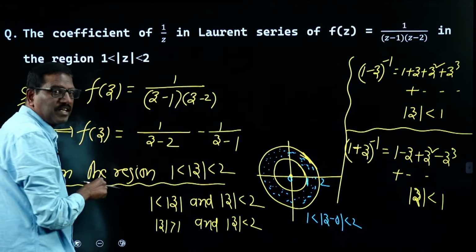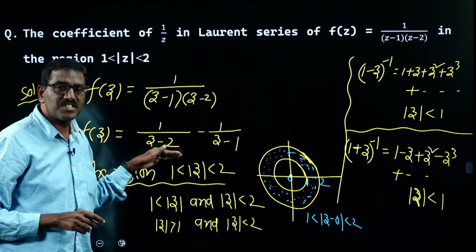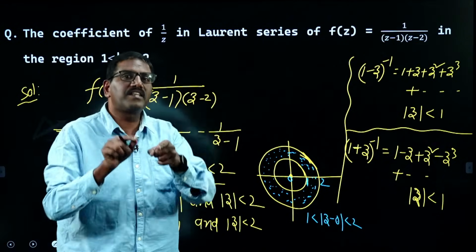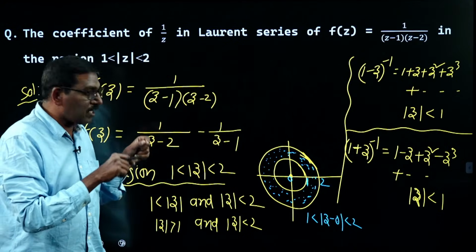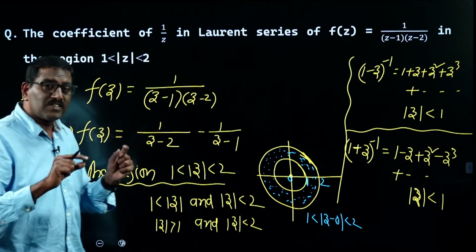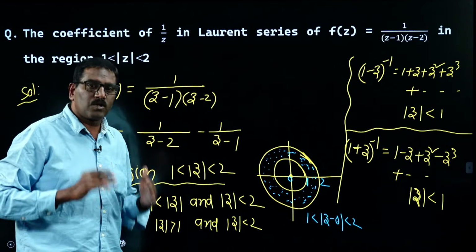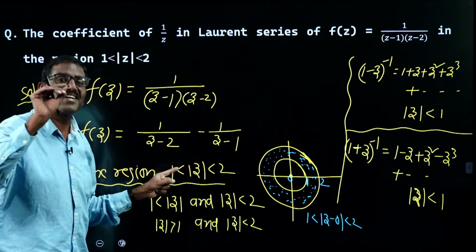Where 2 is present, you can take the constant common. If I take the constant common, we will get positive powers. If I take z common, you will get negative powers. Already you know this information, it is a booster class, just a recollection of your knowledge. Yes, for negative powers, I have to take z common. Once again I am telling, for positive powers, I have to take the constant common.